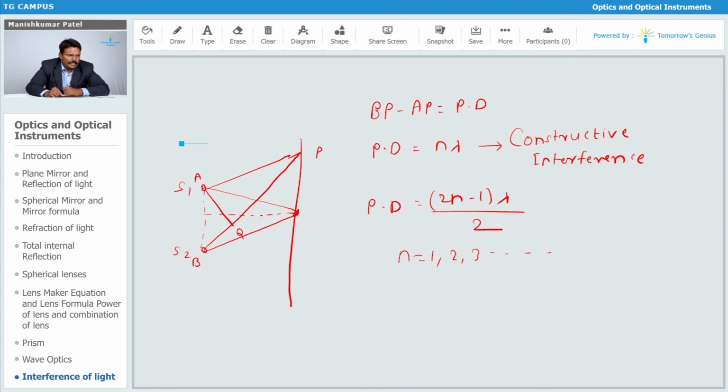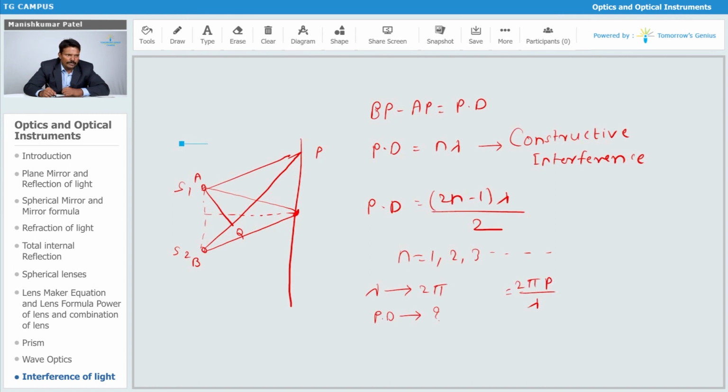Or you can say that lambda corresponds to a phase shift of 2 pi, then path difference, let's say this is PD, corresponds to a phase difference of how much? This is 2 pi times PD upon lambda, which is nothing but the phase shift.